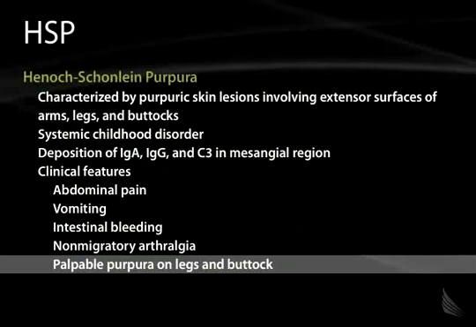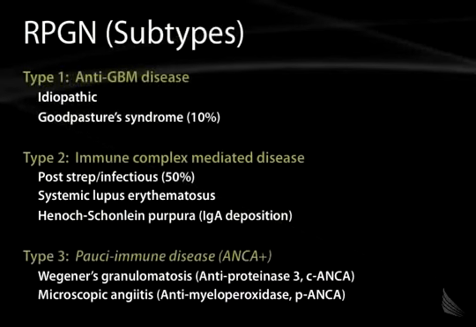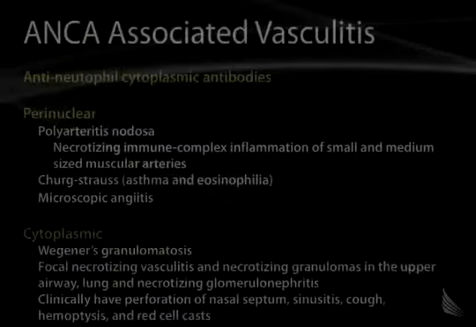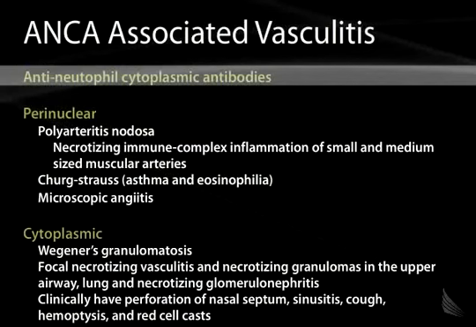Now, there's a third type of these RPGN-type nephritic diseases that are the pauci-immune diseases, and again, these are the ANCA-positive diseases. ANCA, again, stands for anti-neutrophil cytoplasmic antibodies, and they occur in 2 forms. There's the perinuclear type staining, where you see staining of ANCA around the nucleus, or the cytoplasmic, in which you see ANCA more diffusely throughout the cytoplasm of these cells.